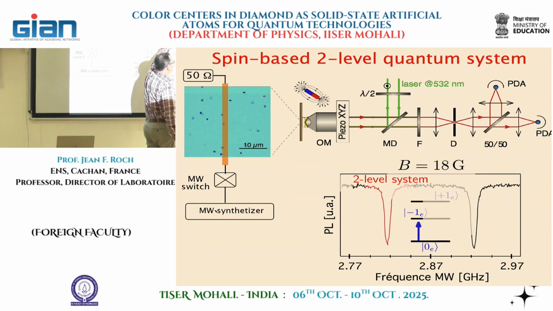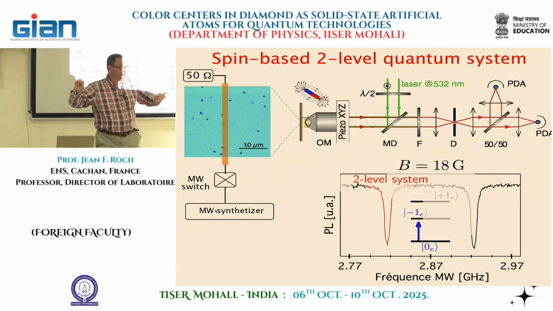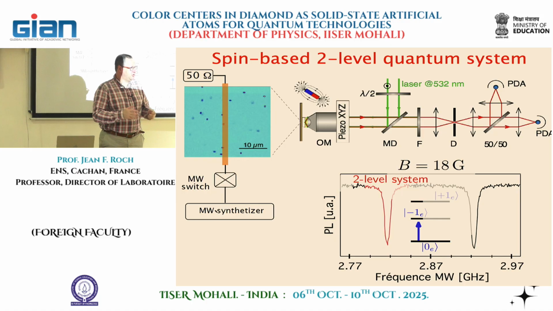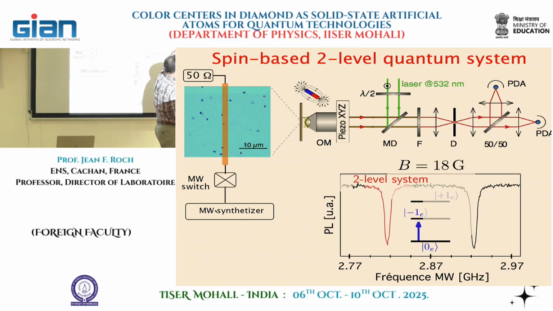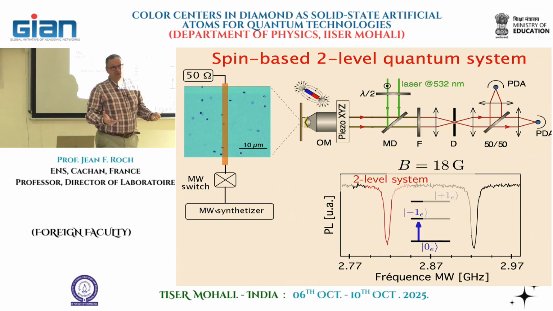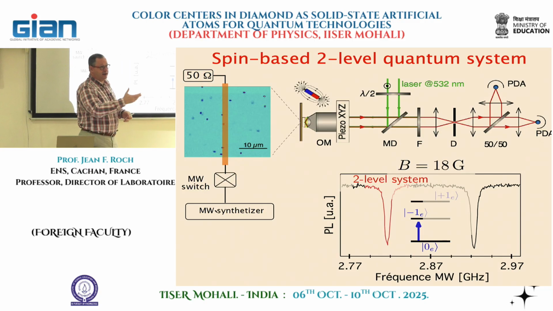Then you focus it on a pinhole, and the pinhole ensures a confocal detection. That means you reject the light coming from most of the diamond sample apart from a few microns around the focusing point of the microscope objective, the NV center. Then you do a detection that can be a g2 measurement, with a beam splitter and two avalanche photodiodes operating in photon counting regime, or simply one, and you register the number of counts for a given integration time.